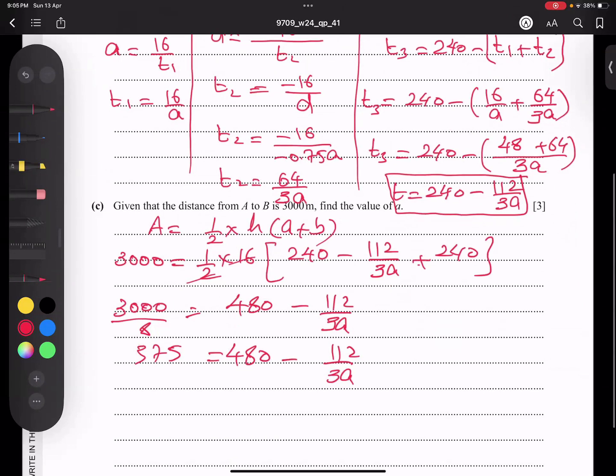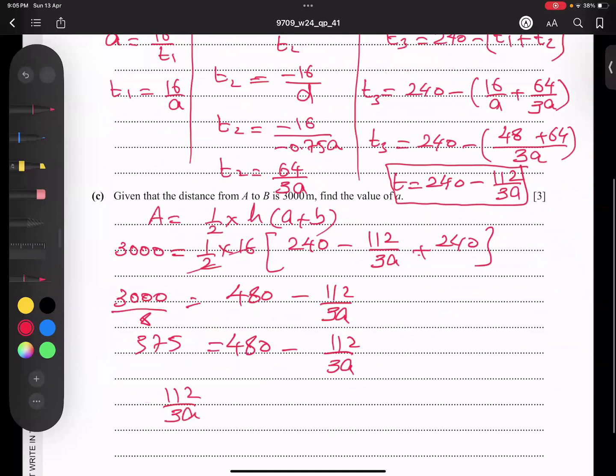So 112 out of 480, subtract this one, 105. And 105 into 3 divided by 112, we got the acceleration 64 over 44.